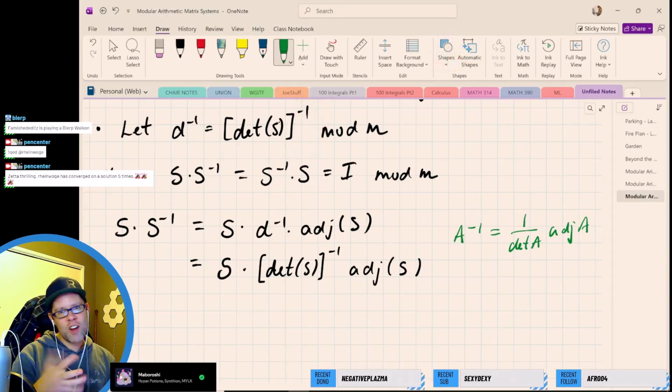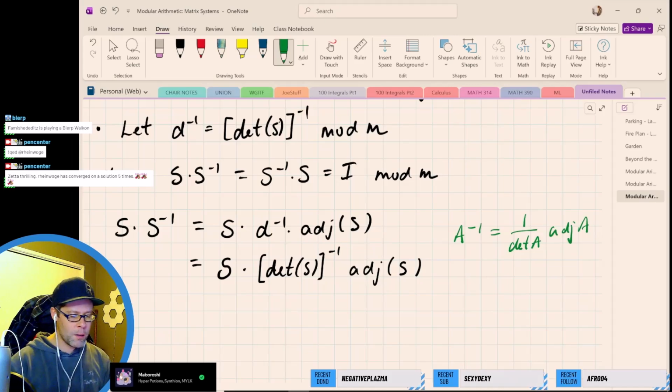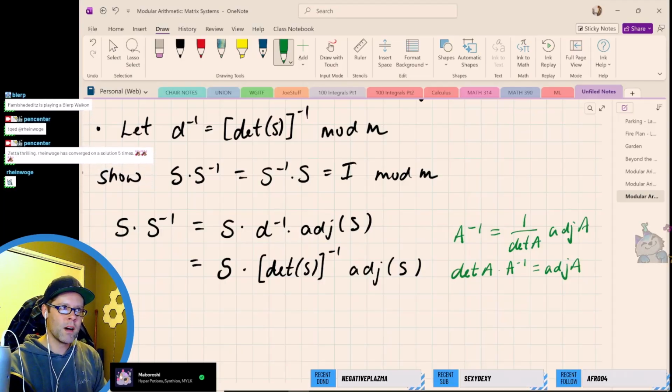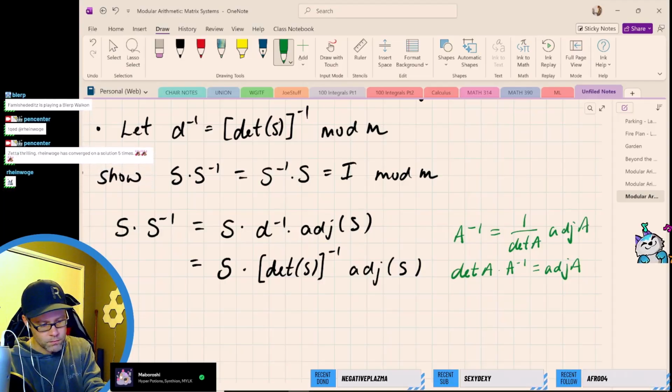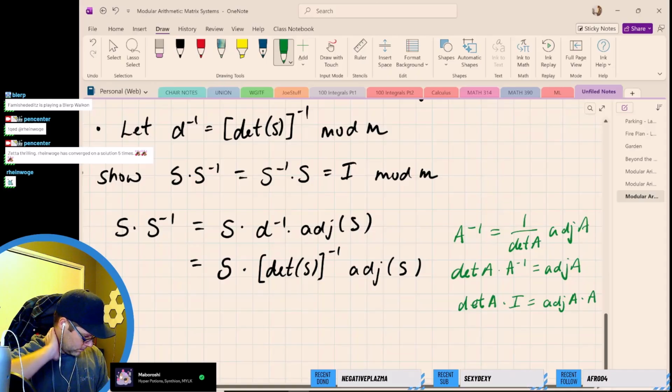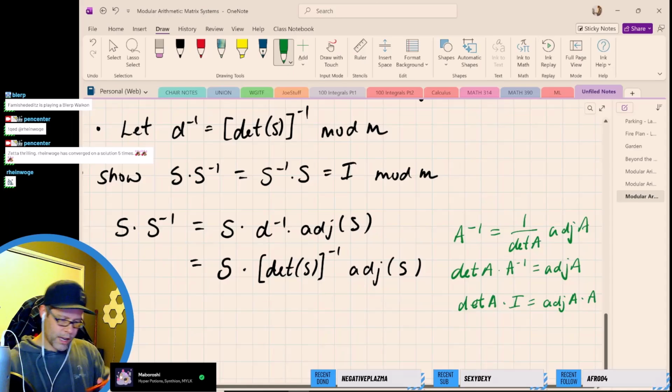So, not a commonly used equation, but there is an equation. If I do some rearranging here, I get that the determinant of A times A inverse is equal to the adjoint of A. And if I multiply both sides by A, capital A, then I get that the determinant of A times the identity matrix is the adjoint of A times A. And I think this will work in any order.